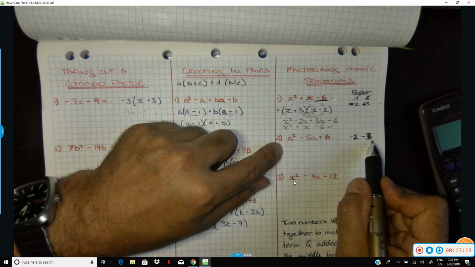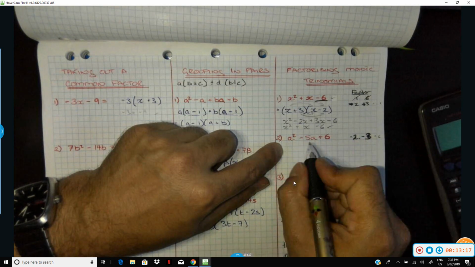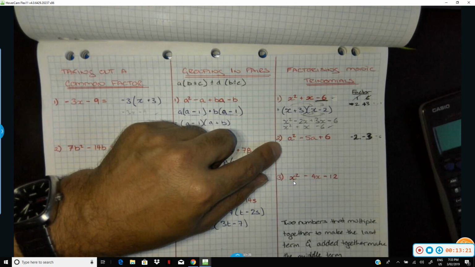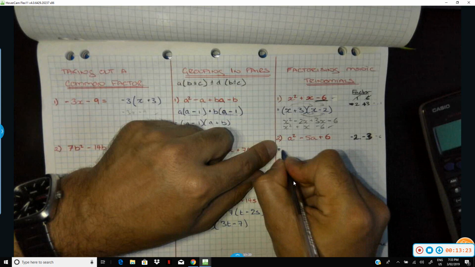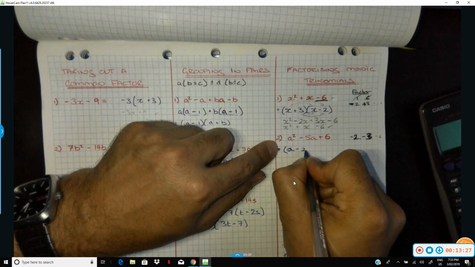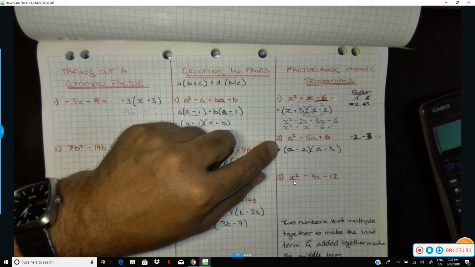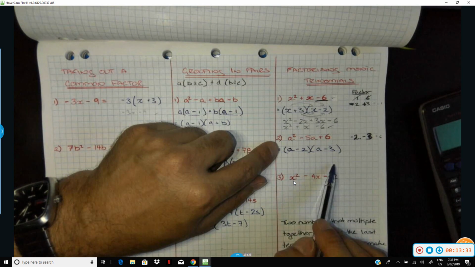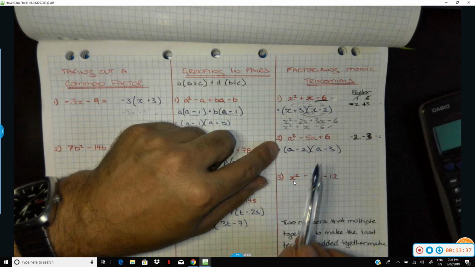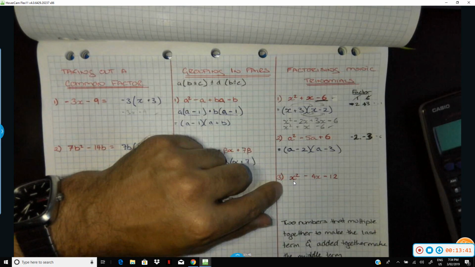So -2 times -3 equals 6. But when they add together, it gives you -5. So the solution to this question is definitely a minus 2 and a minus 3. And once again, you can expand it to double check. Yeah, -2 times -3 is +6, and -2 plus -3 is -5.